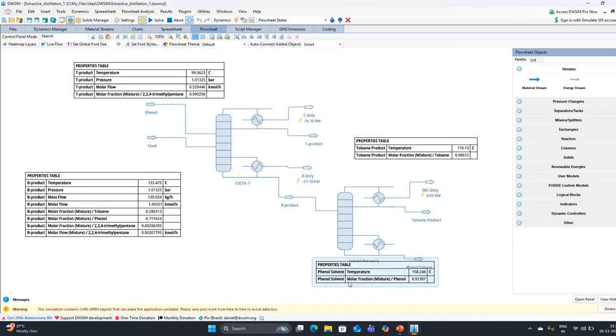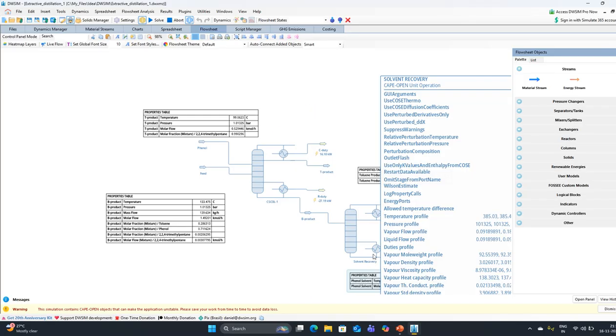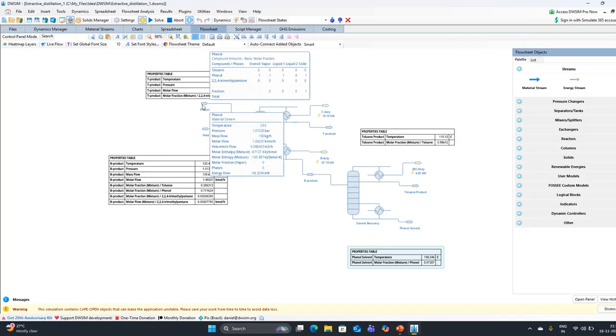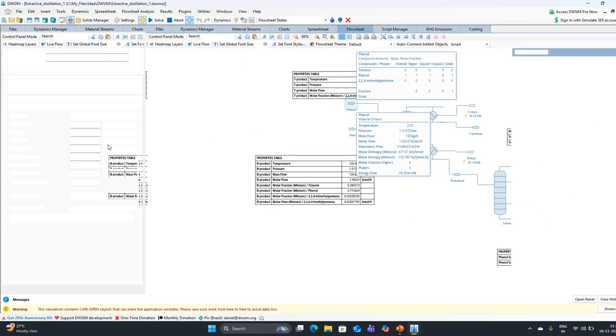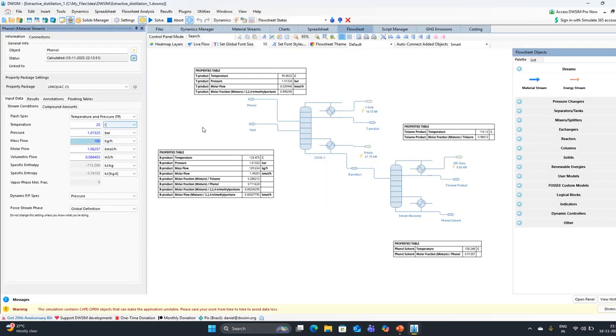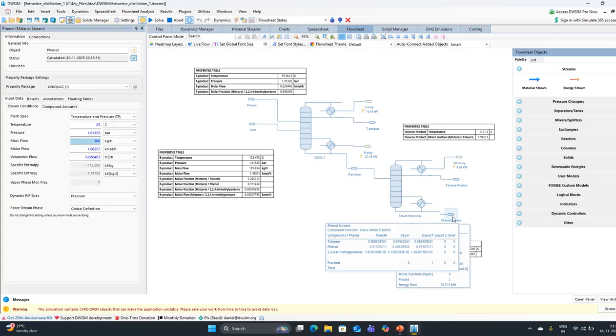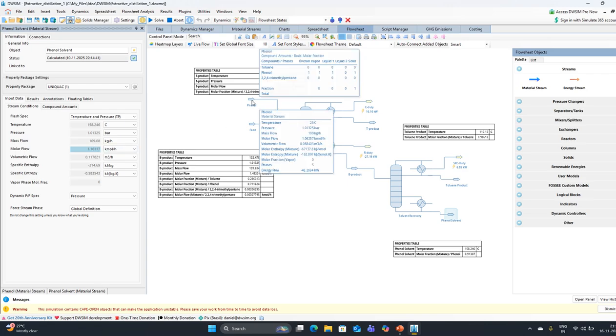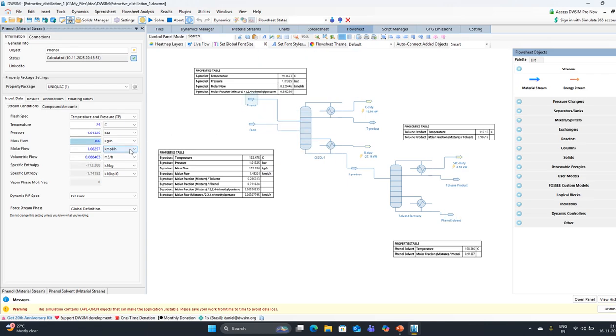Now you see here the temperature of phenol is 158.24 degrees centigrade, but the temperature of this stream is 25 degrees centigrade. Why I am saying this: for this stream the mass flow is almost 109 kg per hour, and for this stream it is 100 kg per hour.